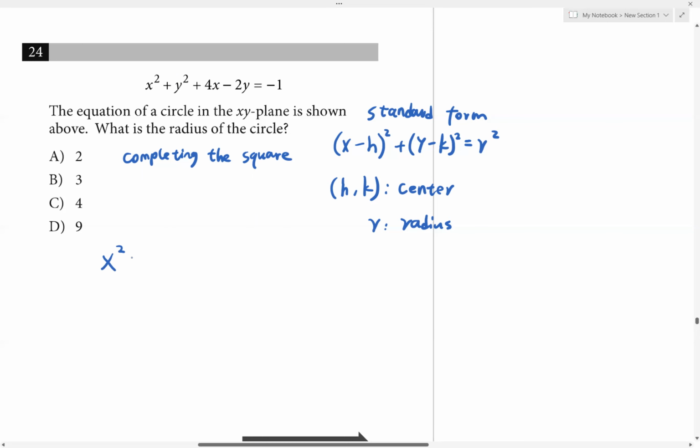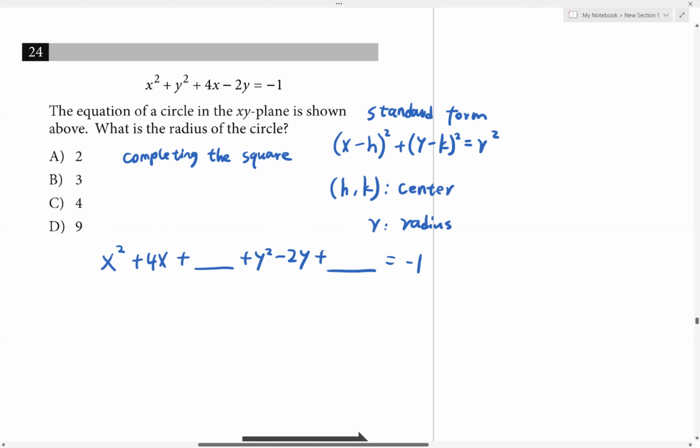Let's put everything with x right next to each other. We have x squared plus 4x, and then we're gonna leave open space, because we're gonna add a number there. And then we have plus y squared minus 2y, and once again, we'll leave an open space. And this is equal to -1.